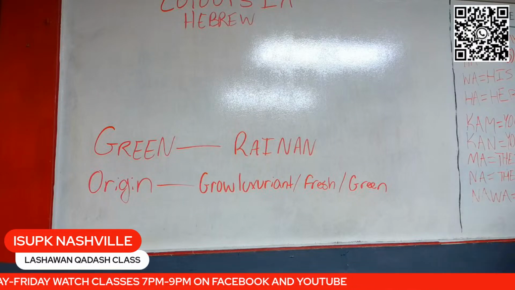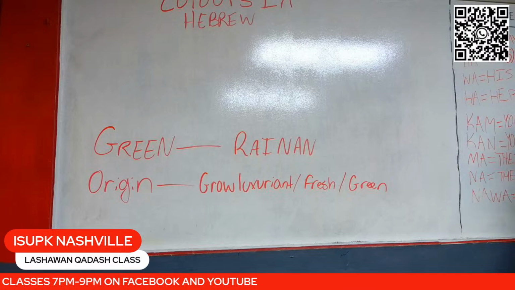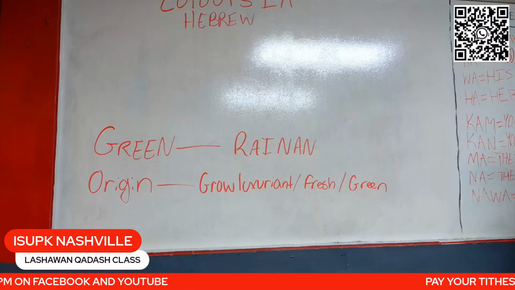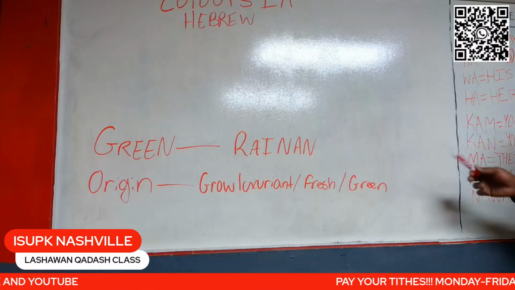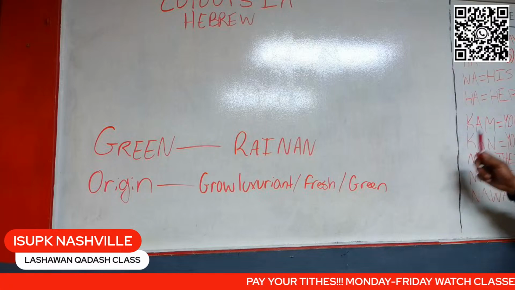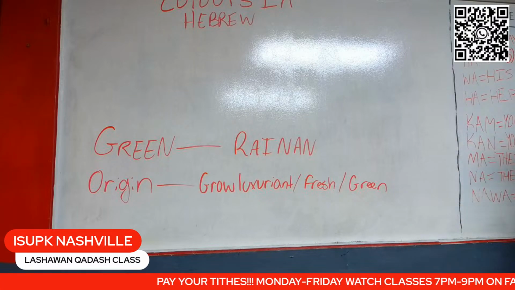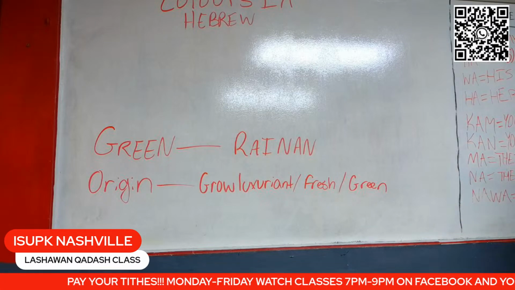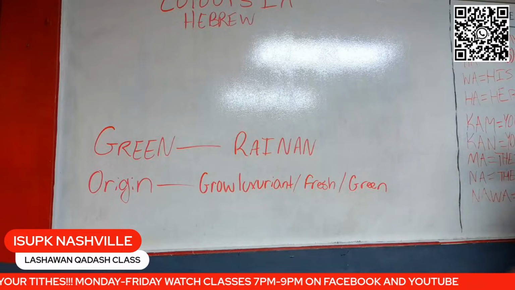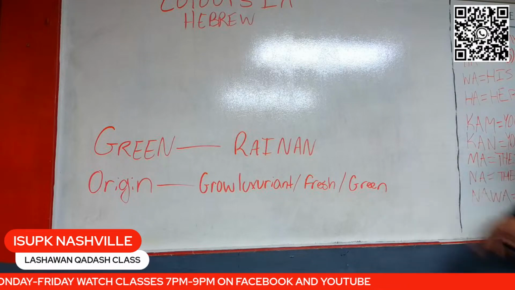So if you want to say my food is fresh in Hebrew, you would say Ra'anan. Ra'anan would be the word that says fresh. If you're saying the grass is green, you would use Ra'anan.